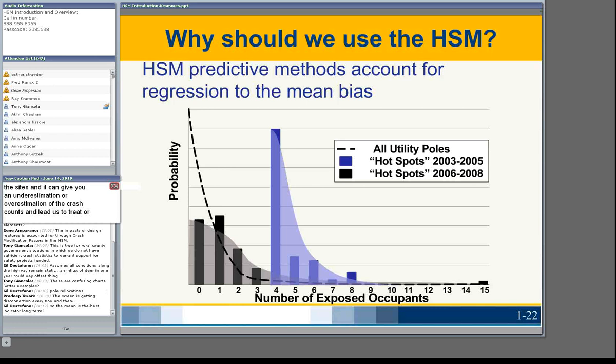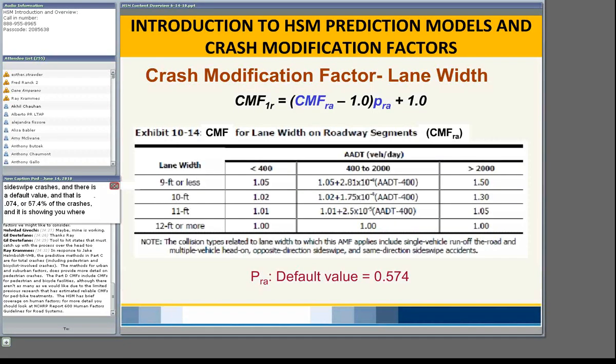And those are noted in the note that's at the bottom of the exhibit. Those are single vehicle. Default value is 0.574 or 57.4% of crashes.